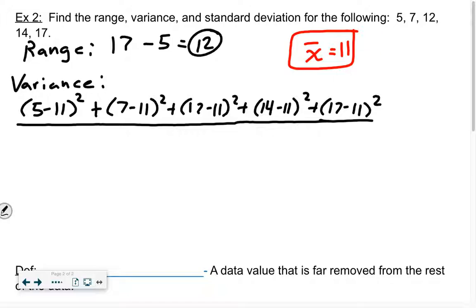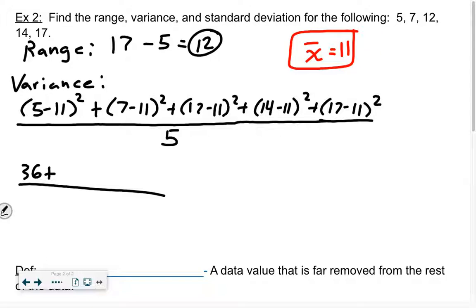And what am I going to divide by? The number of terms that we have. How many terms do we have? It looks like we have 5 of them. That's what that n value represents. So yeah, a little bit of calculation now. A lot of these we can do in our head. 5 minus 11 is 6, and it doesn't matter whether it's positive or negative, because when we square it, it'll just turn out to be a positive 36.